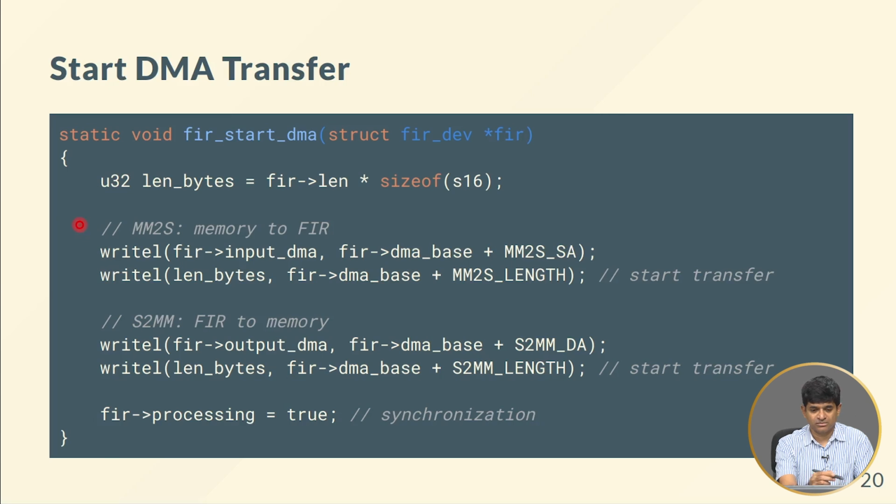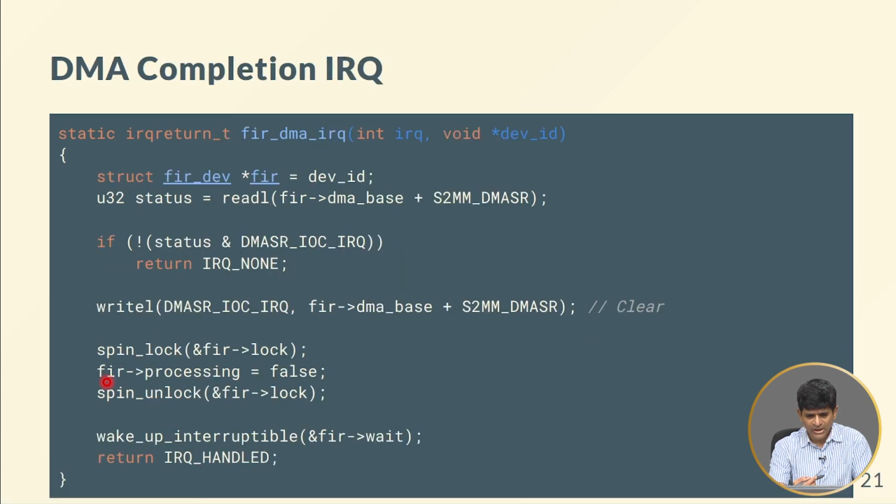Somewhere above all this, in fact usually in the driver probe itself, I would normally have already set up the IRQ enable and so on, which basically tells the system to enable all the IRQs, set things up such that as and when these things get completed, they will interrupt the processor. Which means that as and when the DMA is completed, I need an IRQ handler which will get called.